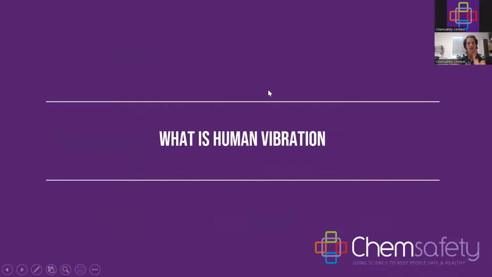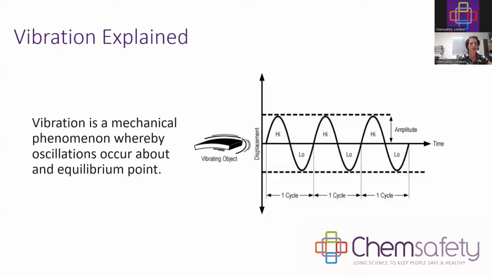So let us go on. What is human vibration? Vibration is a mechanical phenomenon whereby oscillations occur about an equilibrium point. Basically, in simple terms, vibration means quickly moving back and forth or up and down about a fixed point.